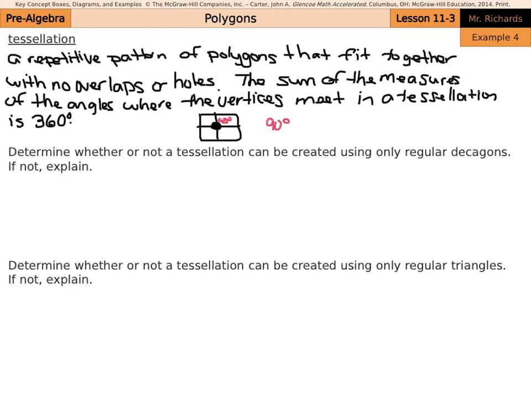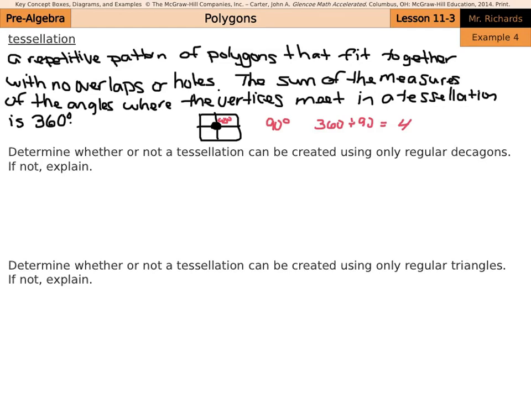Can I take 360, divide it by that 90 degrees, and get an even number? Well, yes, I get 4. So if you can take the interior angle of a regular polygon, and if that is divisible by 360 degrees, then you can form a tessellation with that shape.